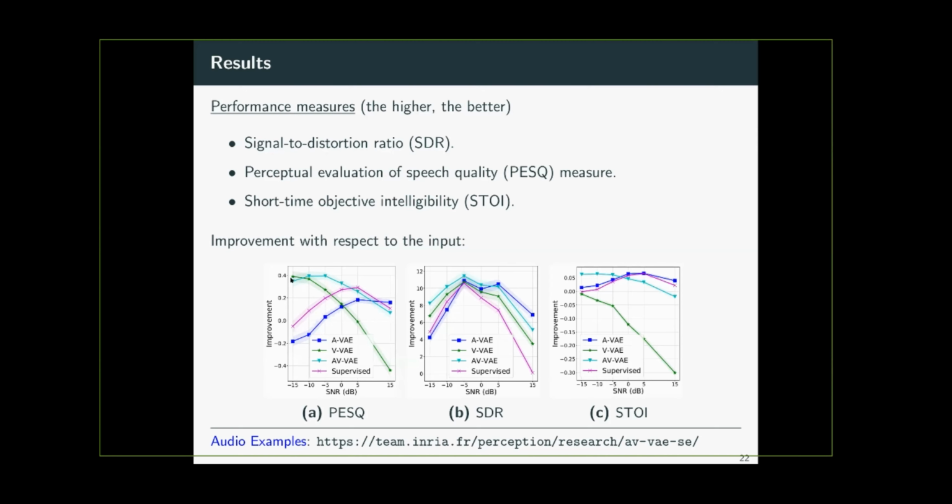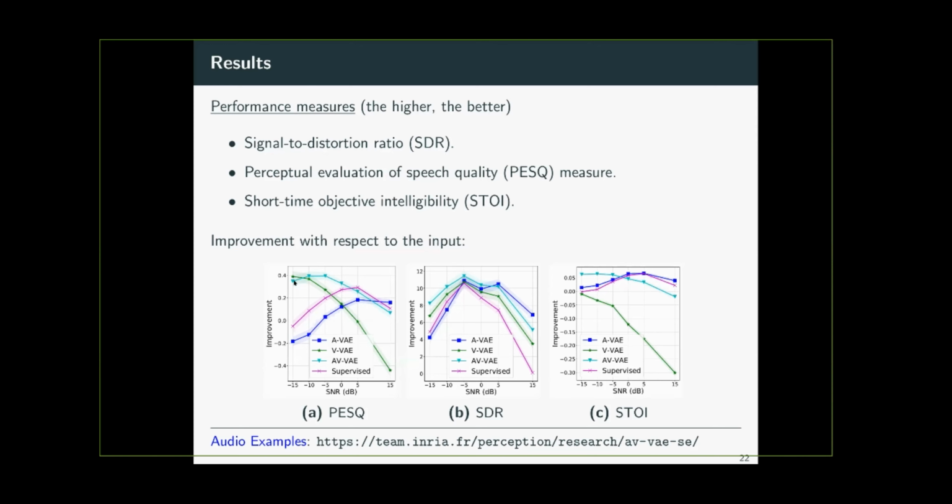That's the green. And when we are on the other side of the spectrum, meaning when the noise is really low, okay, audio is doing very well by itself, and then vision is actually not helping much. So here, what we are measuring is the improvement with respect to the input. So it's a bit tricky to understand this. It's basically how much it is helping in each of the situations. Okay, so vision is basically not helping when I have very little noise, which is normal.